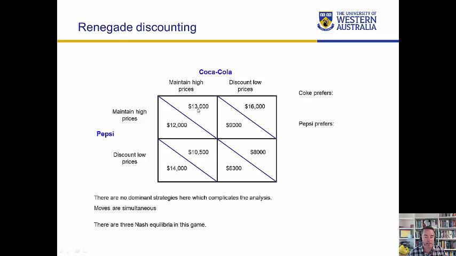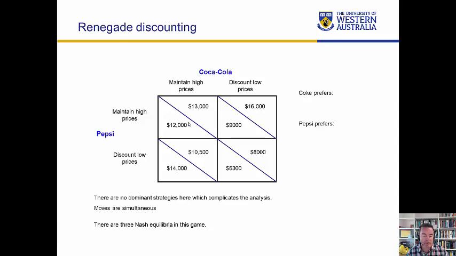If Coke tries to increase its profits by lowering its price from 13,000 to 16,000, then Pepsi is quickly going to get sick of that because their profit would have decreased from 12 to 9. They are probably going to discount as well and take the game down to the bottom right-hand quadrant. After a while, Coke will probably agree with Pepsi to start charging high prices again to move back to the upper left-hand quadrant.